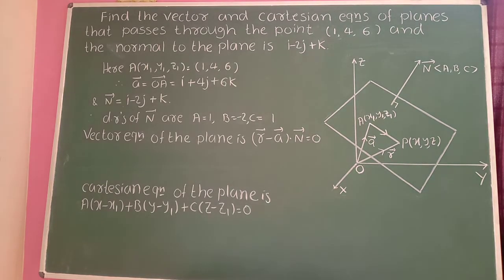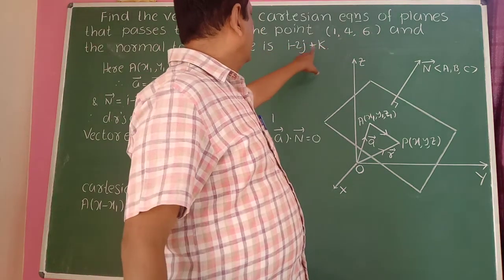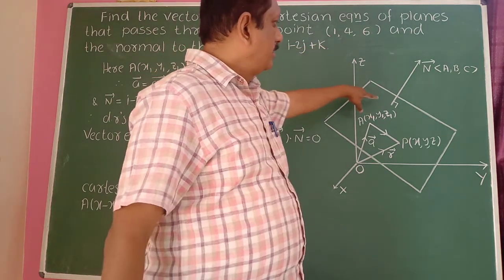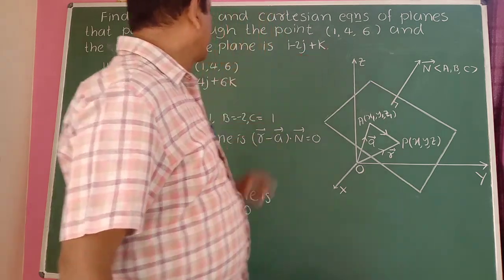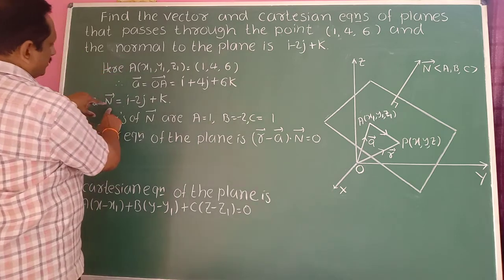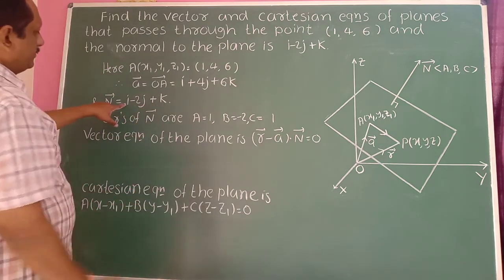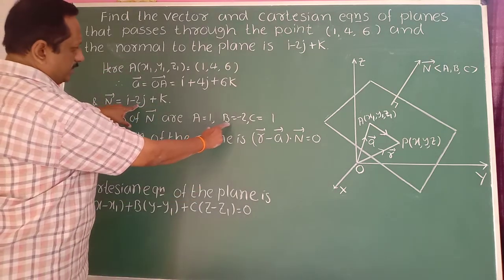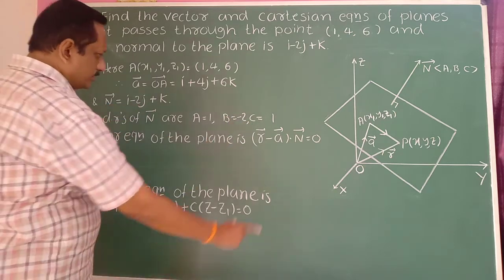Even this example is the same. The point is (1, 4, 6) and the vector normal to the plane is i − 2j + k. Therefore a is (1, 4, 6) as given, and the normal is i − 2j + k, so the direction ratios are 1, −2 and 1. So use this formula.